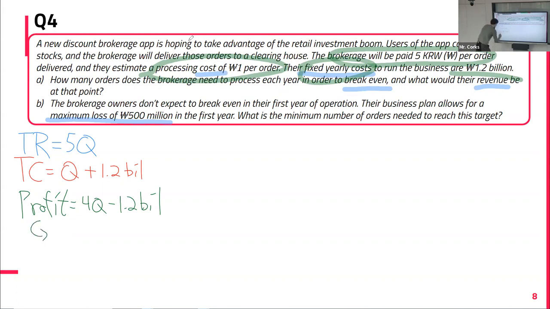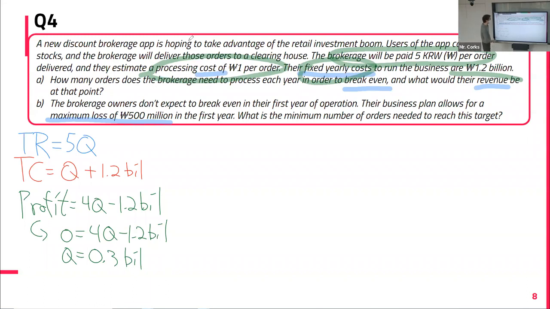All right. So 0 is 4Q minus 1.2 billion. So Q is equal to, I'll just write it this way, 0.3 billion or 300 million, however we want to write it.